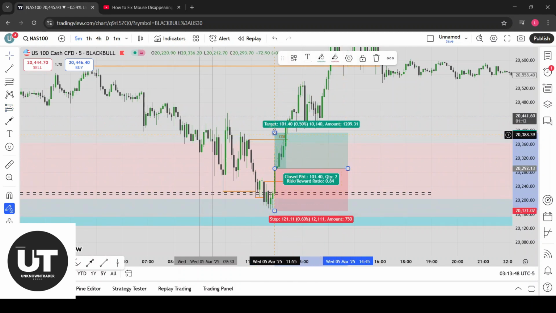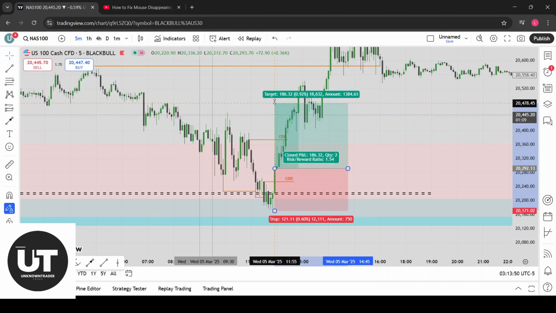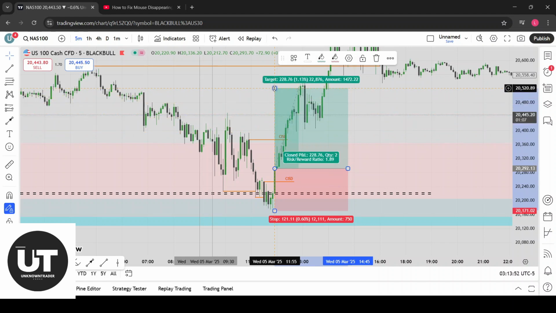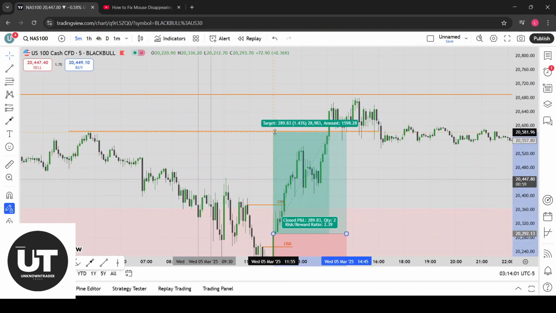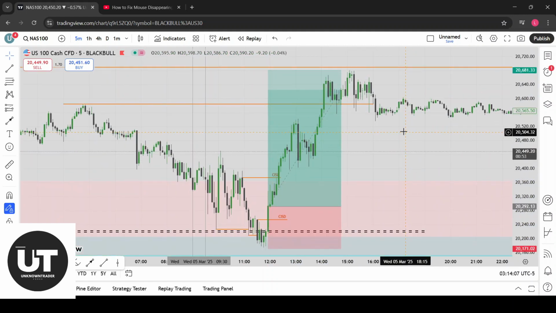Stop is at the low, and I'm targeting anything from 1:2 and upwards. So if the trade doesn't offer me at least a risk ratio of 1:2, I cannot take the trade. So we go here, we have our 1:2, but we can always target a 1:3.